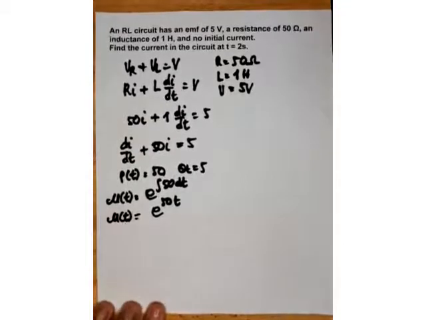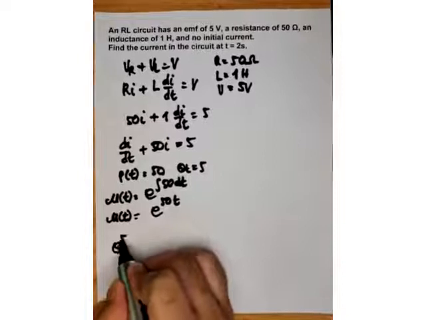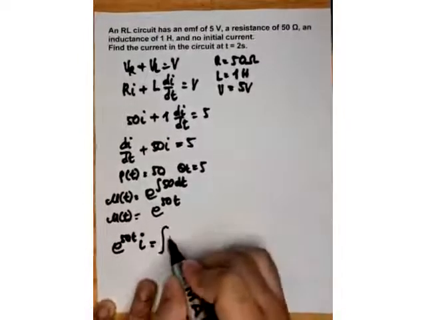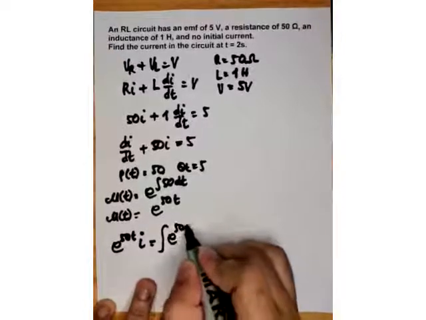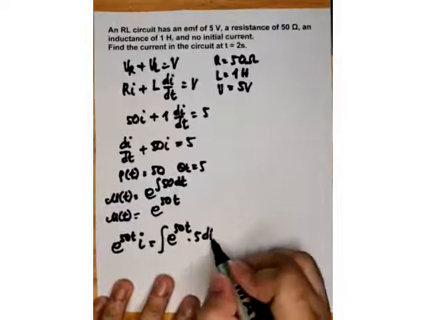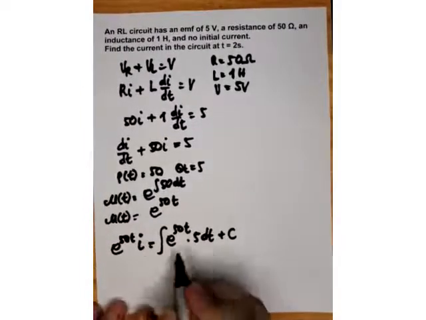So let's solve the equation. Di ba formula natin, the integrating factor times the current is equal to the integral of e raised to 50t times Q of t, which is 5, dt plus C. Let's integrate that.